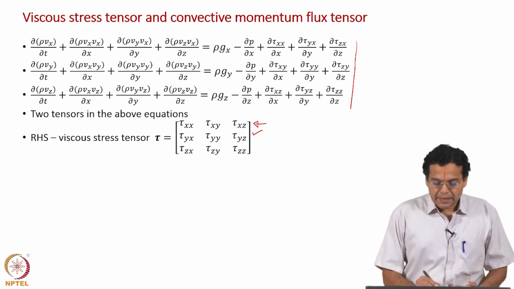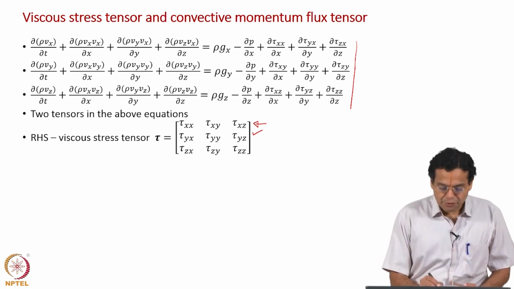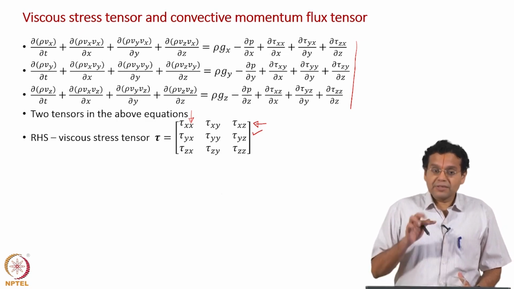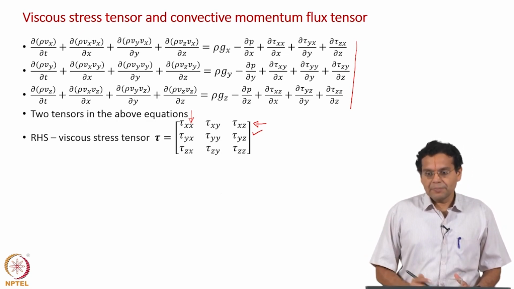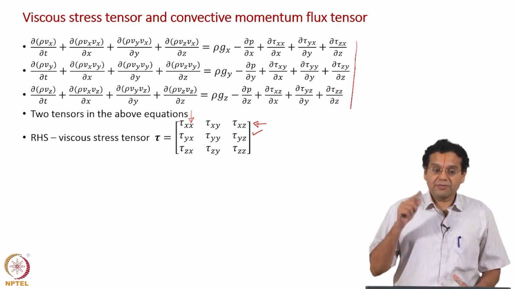That is the way you represent each row. If you look at the columns, they represent the components of 3 different stress vectors, and all the components are acting along x direction. Okay. So, if you look column wise, they represent the components of 3 different stress vectors.